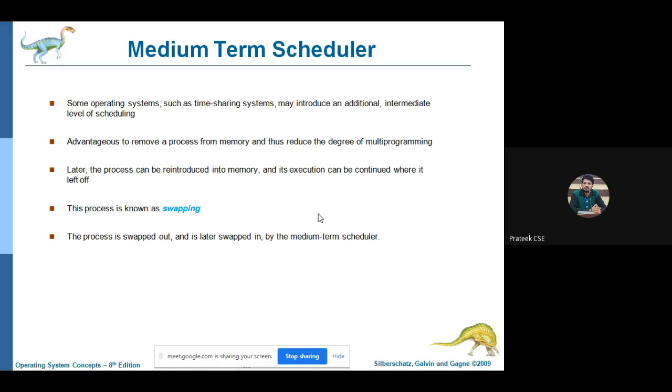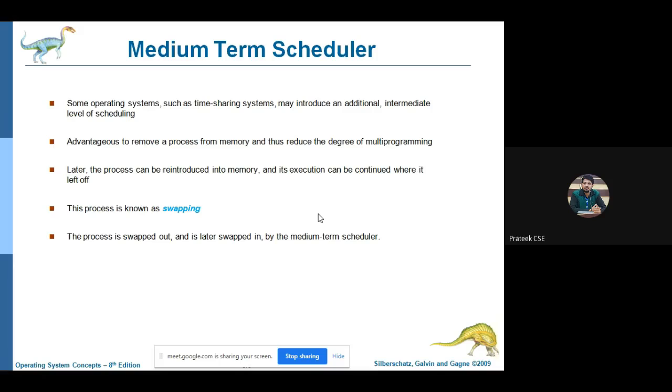So basically the purpose is that if the process is not going to be executed for so long or is just taking the memory space, it's better to send back that process or take it out of the memory so that the rest of the processes will execute fast, or any other important process of higher priority can be brought into the RAM.